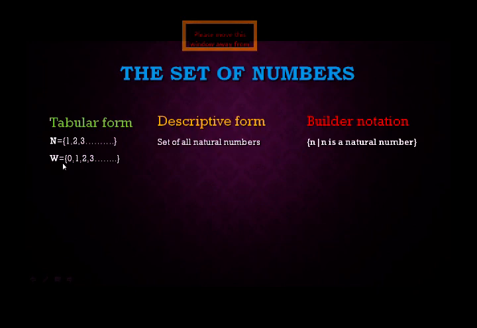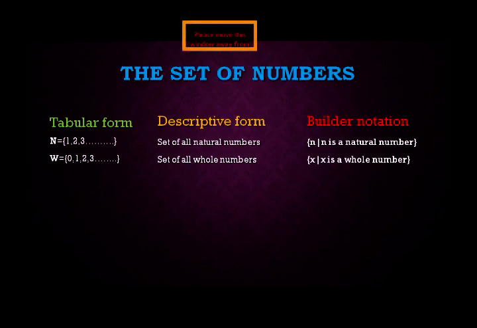So what is the descriptive form of whole numbers? Set of all whole numbers. Why are we using "all"? All means this is infinite. We don't know what the last range is.